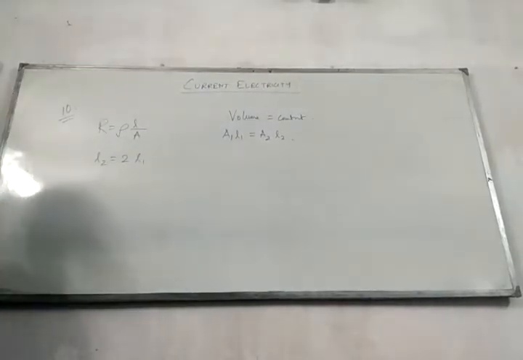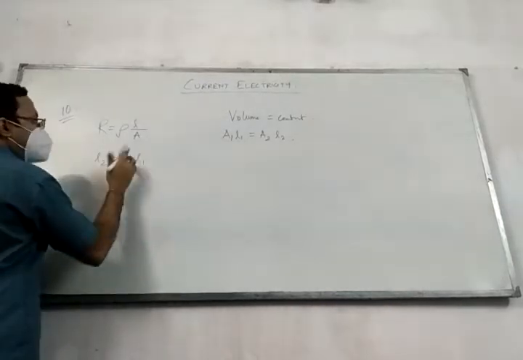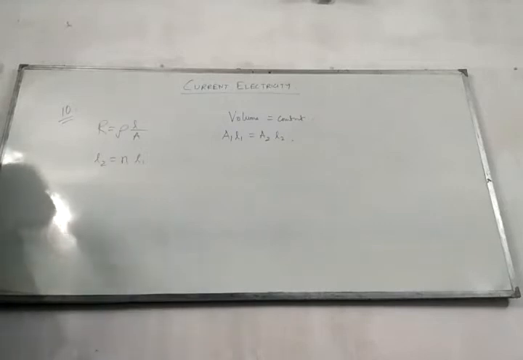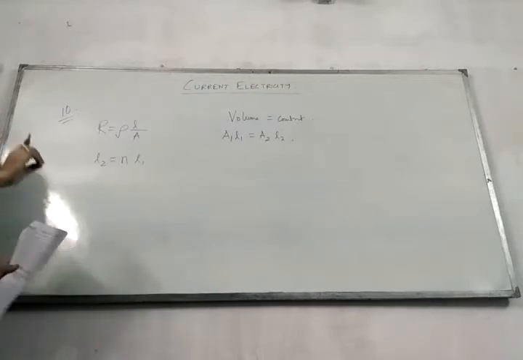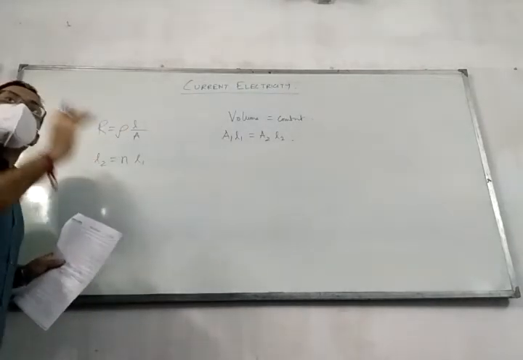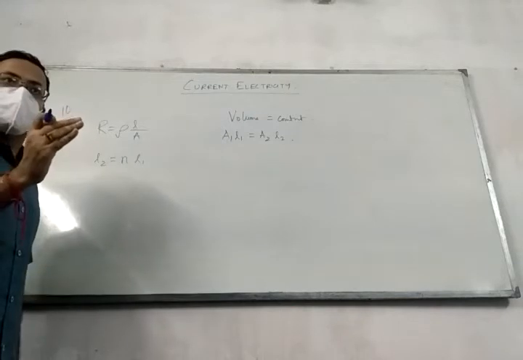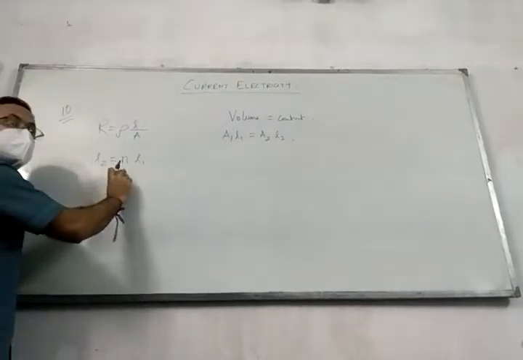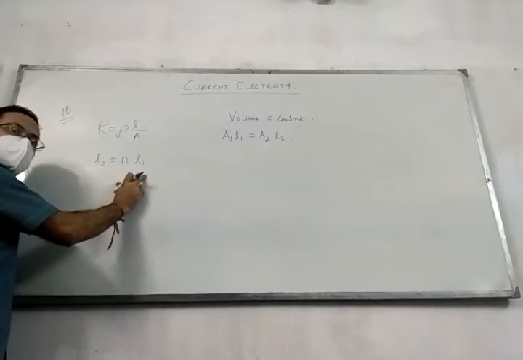ঠিক আছে? আচ্ছা একটা কাজ করি, একটা জেনারেল ফর্মুলা করা যাক। Let's generalize this. nL1. তবে n এর জায়গায় 1 2 3 4 যা কিছু করে put করে। ঠিক আছে? A wire is stretched n times of its original length. Let a wire be stretched to n times of its original length.